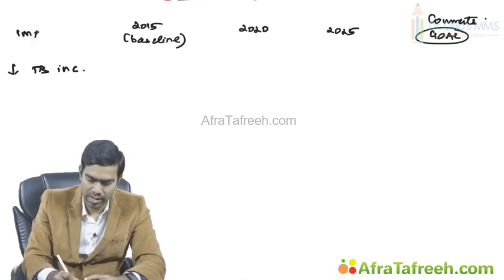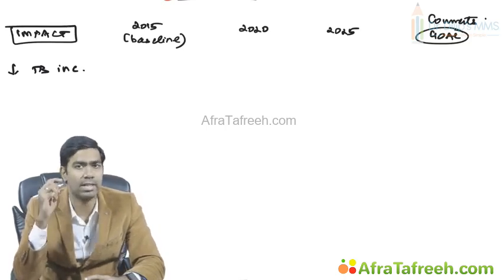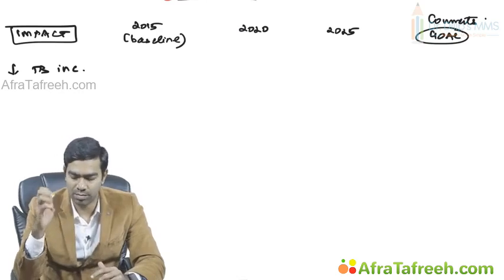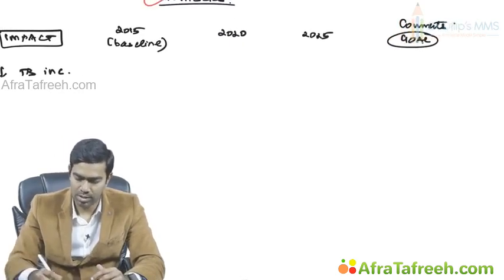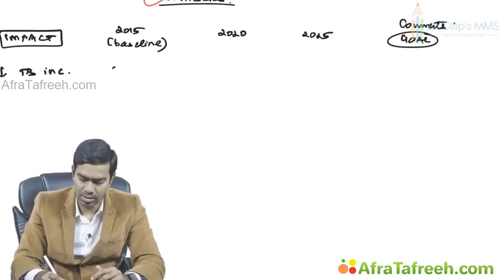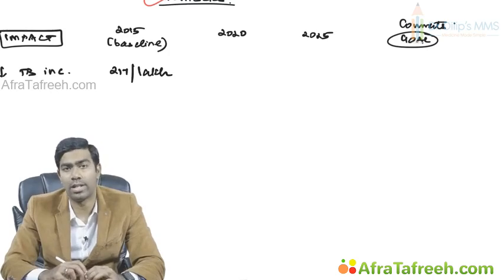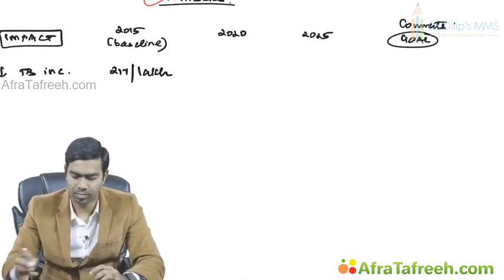These are called impact indicators, and we have outcome indicators also. First, let us see the impact indicators. Reduction of the TB incidence is the first goal. Remember, since 2015 is set as the baseline, in 2015 we had a TB incidence of 217 per lakh population.